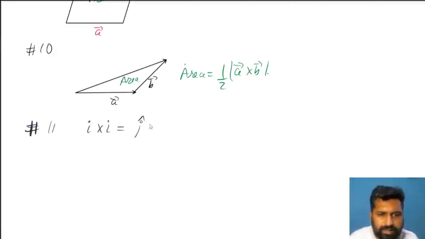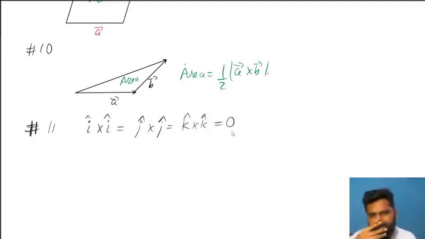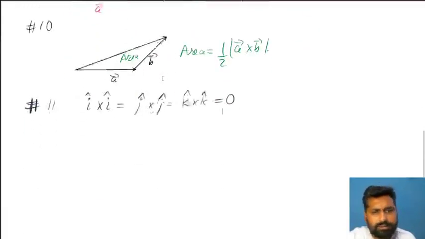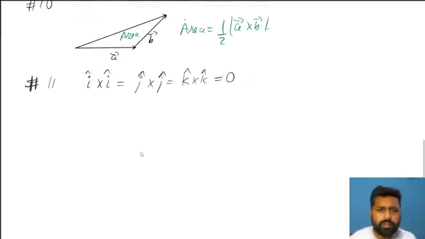It is the same as j cross j, and the same as k cross k. They are 0. The reason is A cross A is 0. Whether it's i, j, or k, everything is 0. As long as you have two same vectors, the cross product is 0.